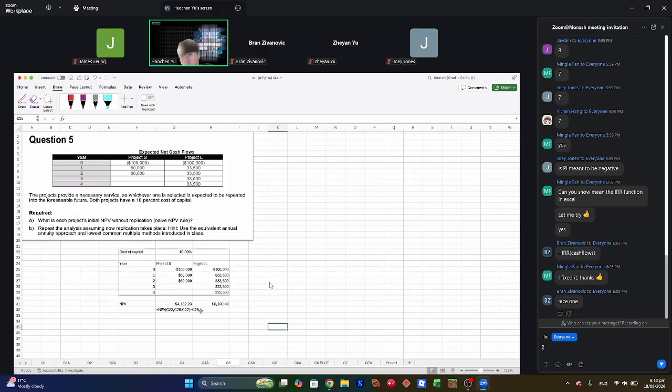So this is part A, the first part of this question. After we finish this, we immediately know that Project L has a higher NPV.